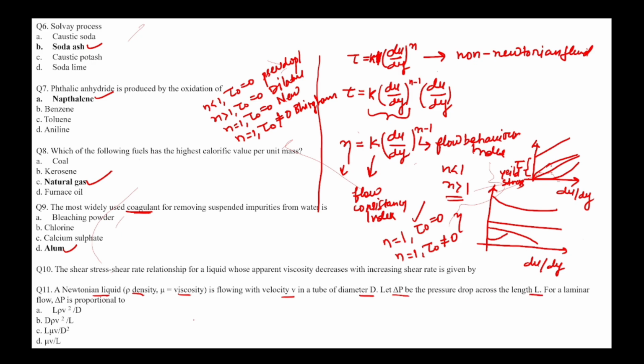That is a simple formula: del p equal to 32 mu u bar L upon d square. That is called the Hagen-Poiseuille equation. If you remove this 32, then the proportionality sign will come. So L, mu, v, d, this c.